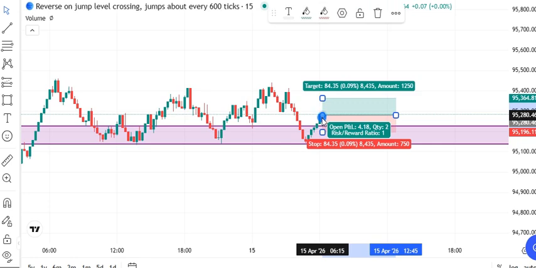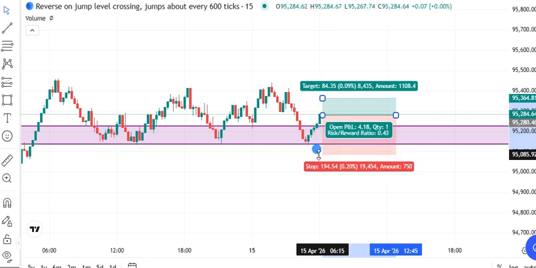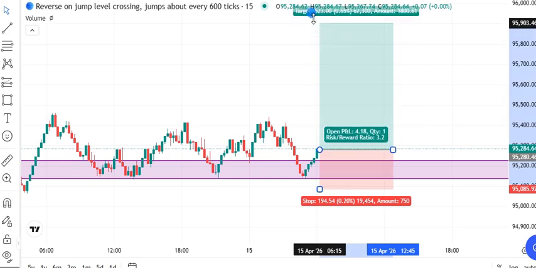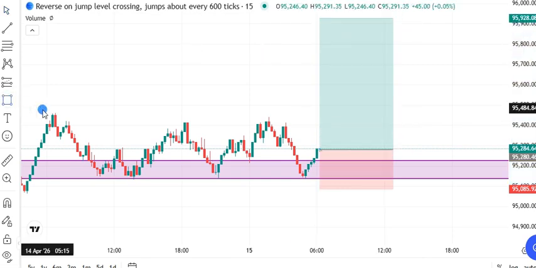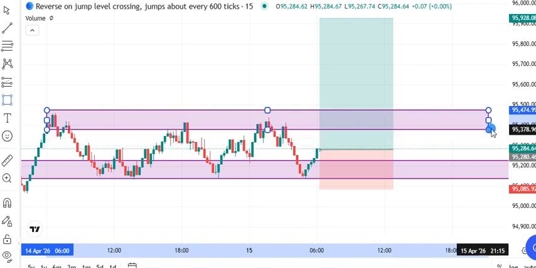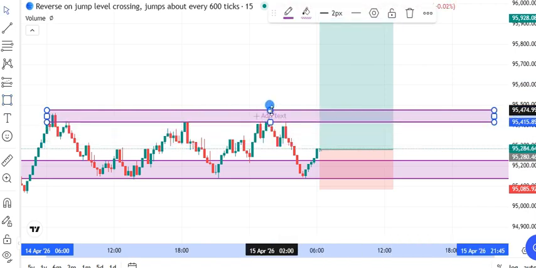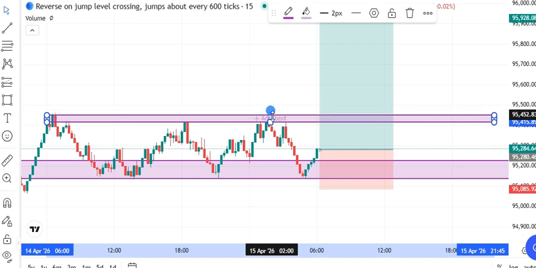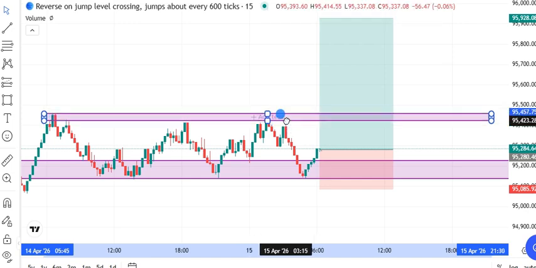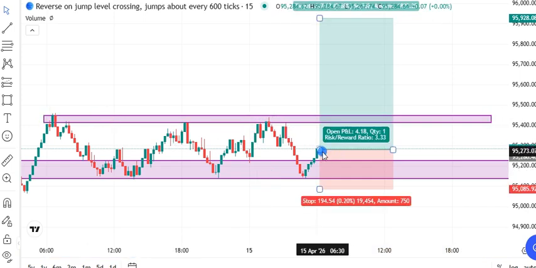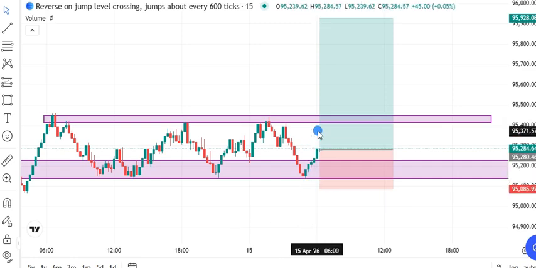I think today's actually looking kind of nice. Entry right here, stop loss below this, take profit 1:2. I admit that we have a level right here where it has been tested twice already.